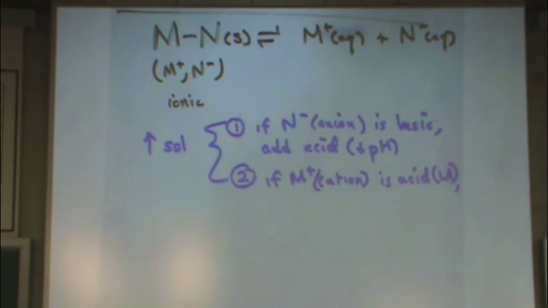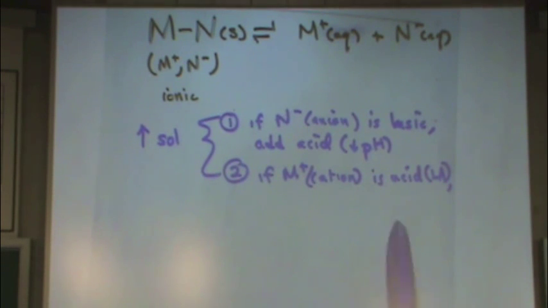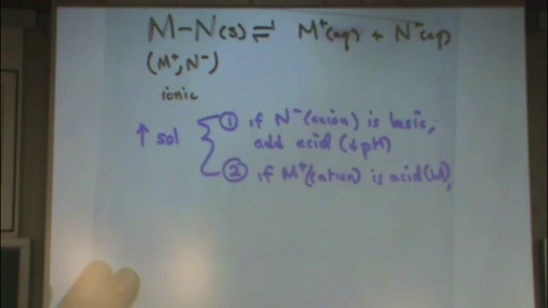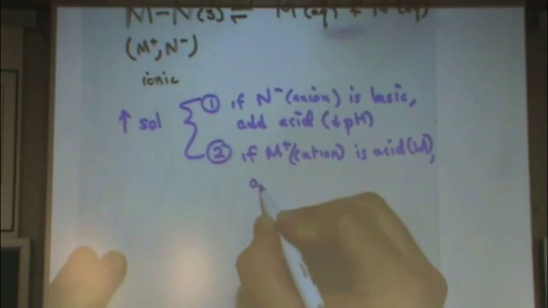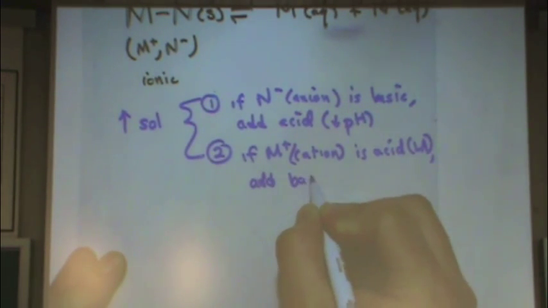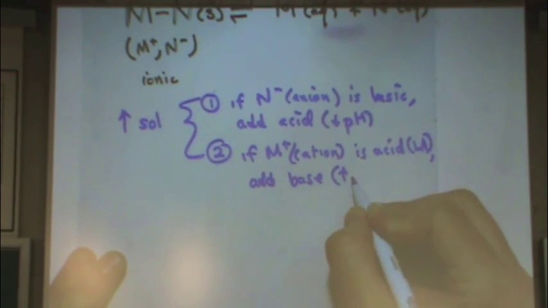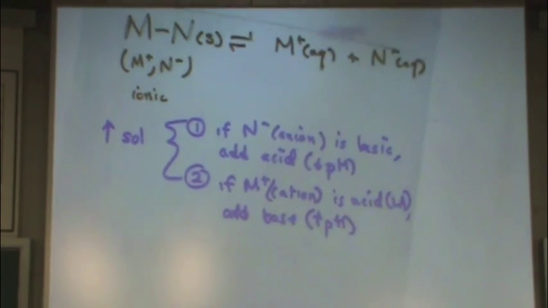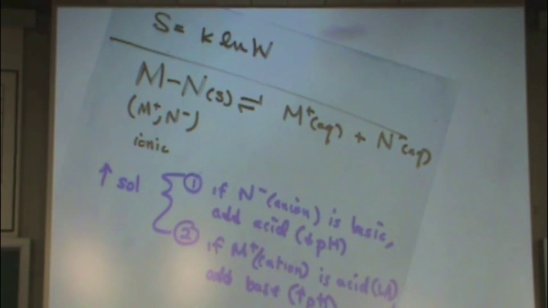So if you have a transition metal, you can add a base or increase the pH, and that will remove M plus and shift it to the right also.